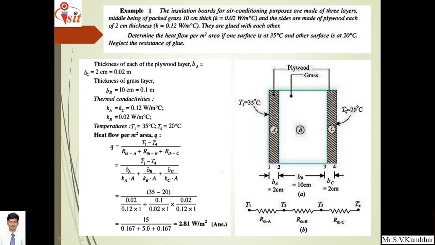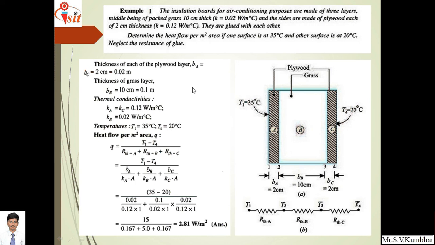So temperatures are given. So convert these temperatures into Kelvin. Even if you don't convert, as it is a difference, 273 will get cancelled. You will get the same answer. Upon BA is 2 centimeter, 0.02 divided by Ka is 0.12, into 1, because area is not given.